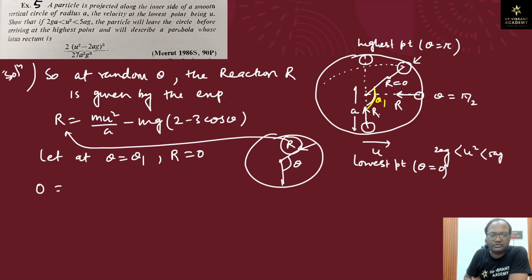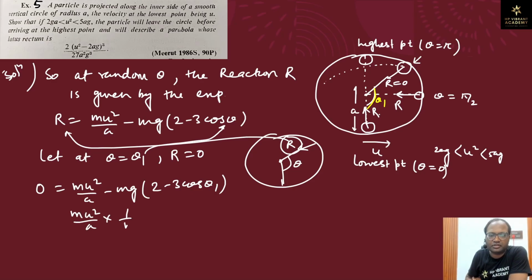So we have 0. Let us put theta equal to theta 1 in this expression: mu square upon a minus mg into 2 minus 3 cos theta 1. So we have u square upon a into 1 upon mg equal to 2 minus 3 cos theta 1.